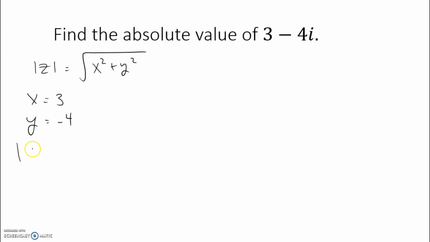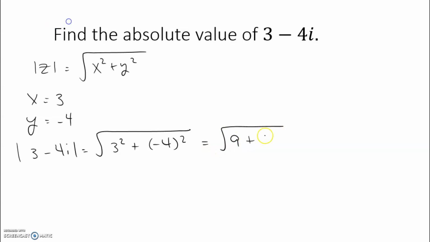So the absolute value of this complex number, 3 minus 4i, is equal to the square root of 3 squared plus negative 4 squared, which would be 9 plus 16, or the square root of 25, which would be 5. Okay, so there's our absolute value, or the modulus of our complex number.